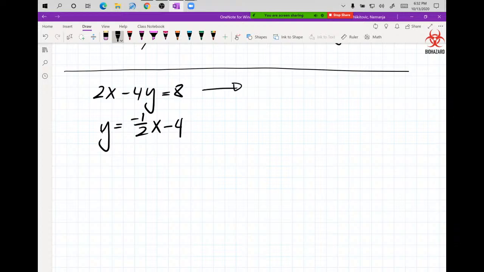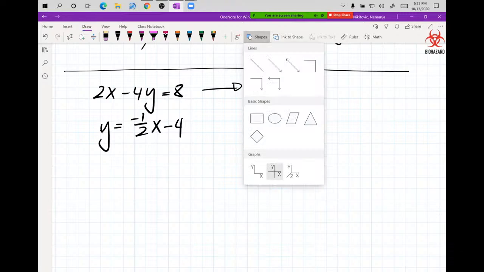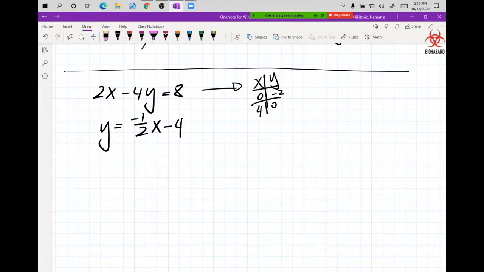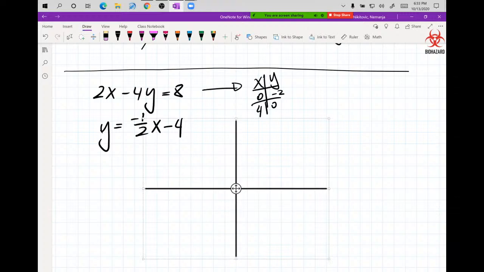All you need to do is come up with your x and y intercepts, because it's in standard form. When x is 0, we divide by -4, we get -2. When y is 0, we divide by 2, which gives us 4. The bottom form is already in slope-intercept form, so we don't have to do any work there. And all I need to do is graph everything and done.